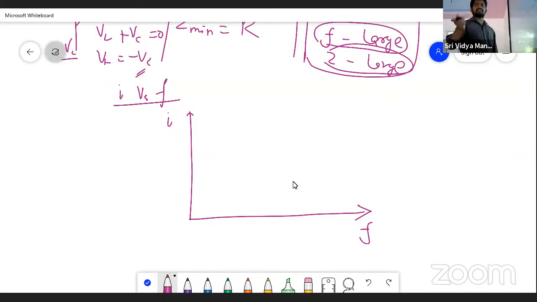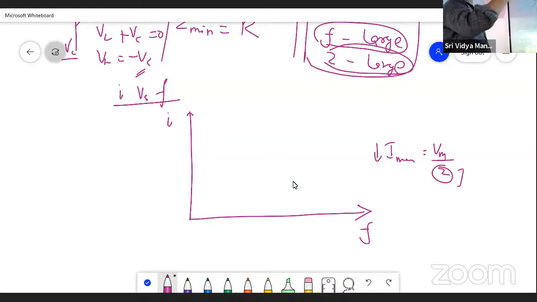If the impedance is maximum, the current is minimum, because I maximum is equal to V maximum divided by Z. Condition: F small, Z large, so the current is minimum.